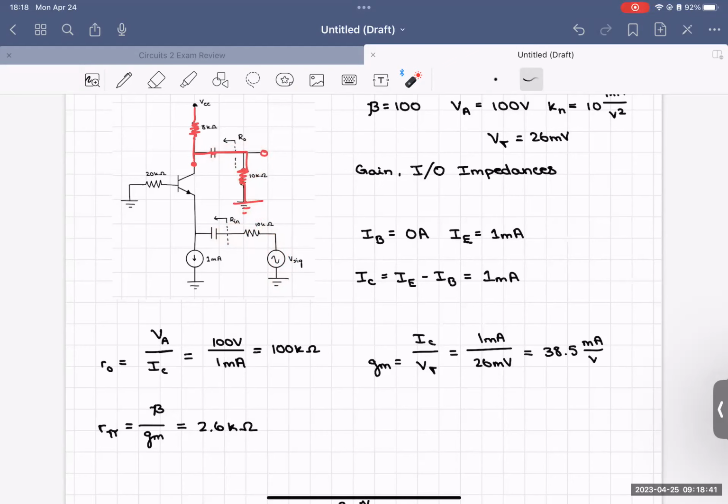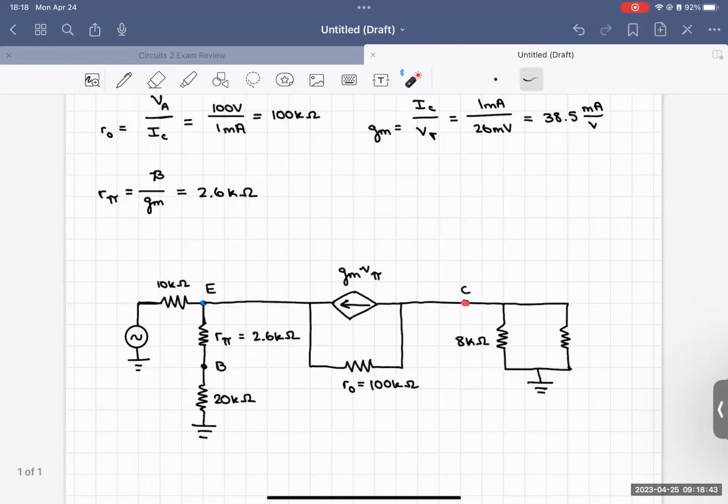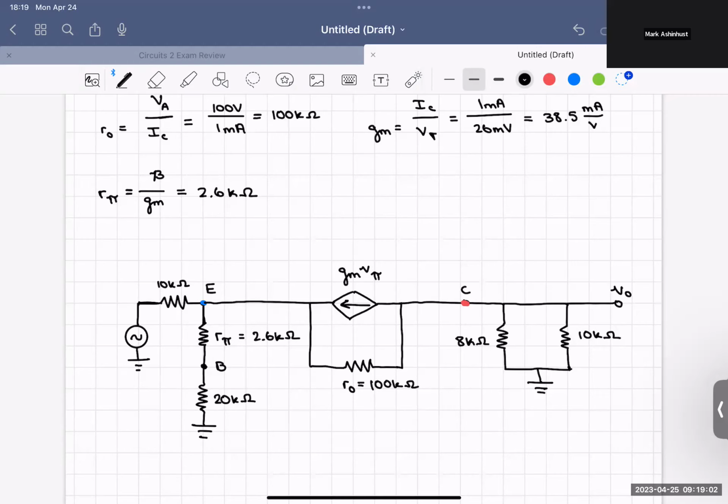But we're in that small signal part. So that's why the 8K is tied to ground, and so is the 10K here. And the capacitors are short. So we'll have V out taken out there. So this is what that model would look like.